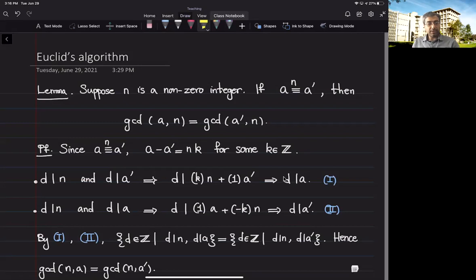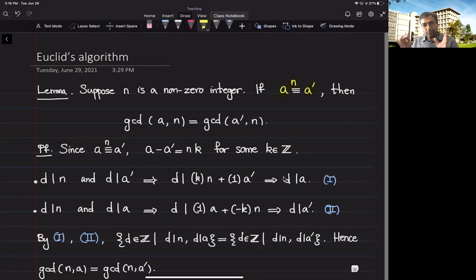Suppose A and A prime are congruent modulo n, and n is some non-zero integer. Then the GCD of A and n is the same as the GCD of n and A prime.